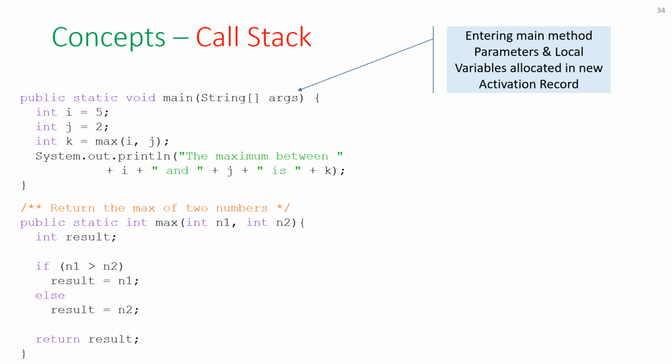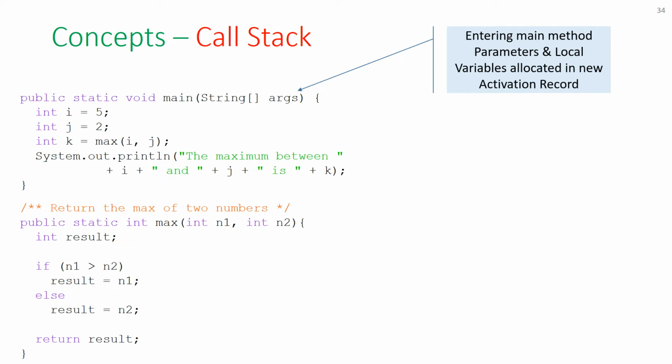Back to this. So what does it mean that we have to start learning about how we manage memory when we run a program? Well, let's take a look at this piece of code here. So we have a main method. Variables i, j are local variables to the main method. Args is a parameter for the main method. k is a local variable again to the main method.